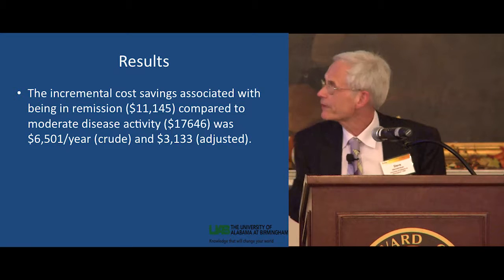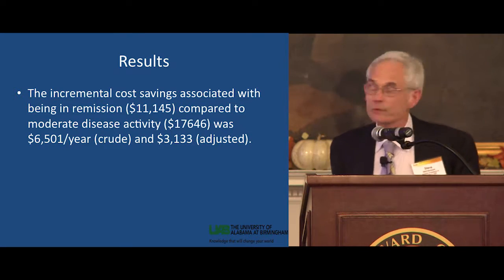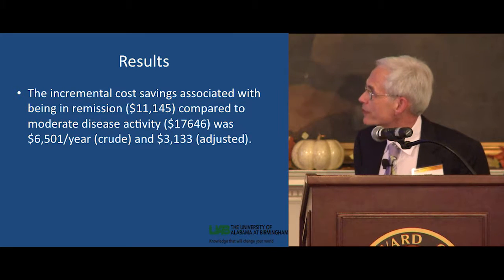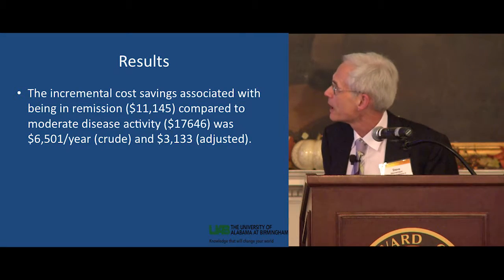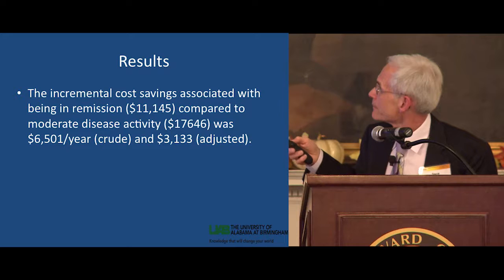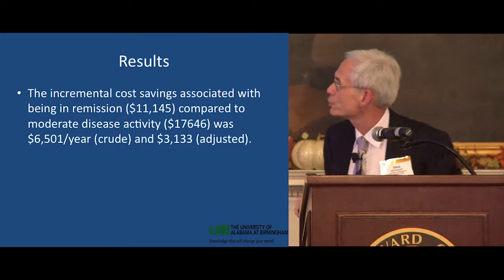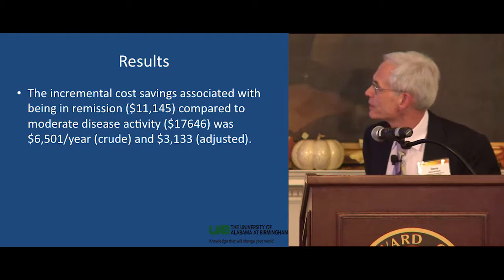There was some cost savings here. The incremental cost savings associated with being in remission was $11,145. So if you were in moderate disease activity, it was going to cost $17,646. Let's see. That's the cost savings associated to being in remission compared to being in a moderate disease situation.